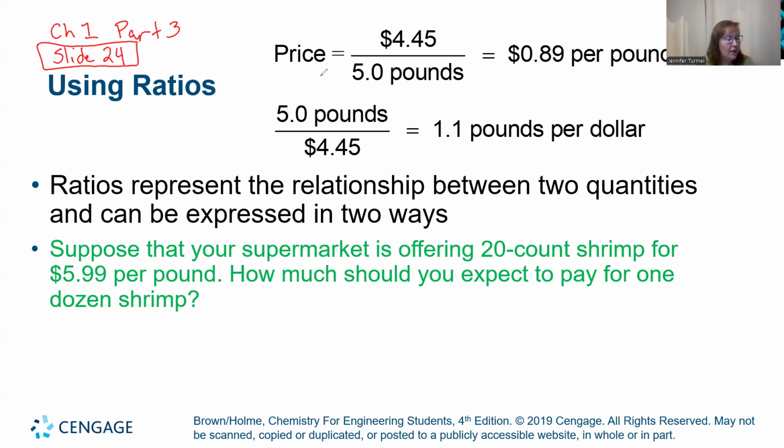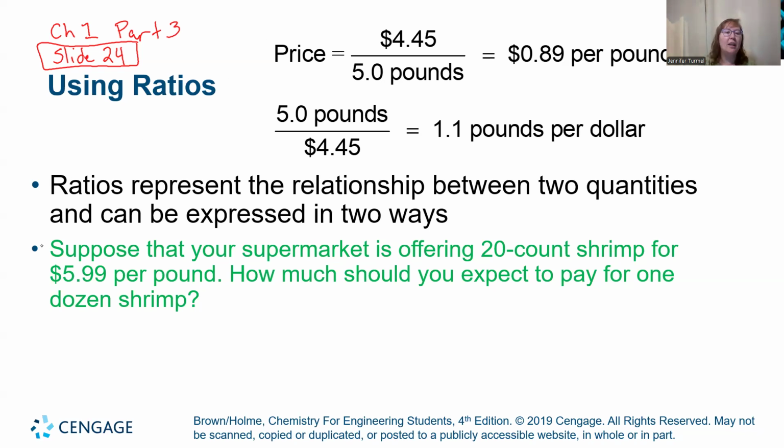The first one is a price ratio, showing, say, 5 pounds of something sold for $4.45, which gives you 89 cents per pound. Then you can also flip the ratio over and say 5 pounds for $4.45, which gives you 1.1 pounds of whatever you're purchasing per dollar. So you can always show a ratio in one way or another.